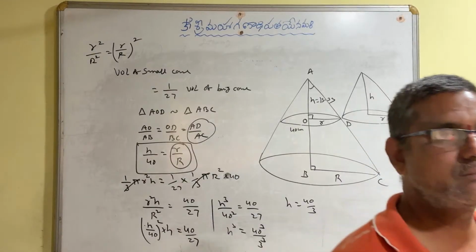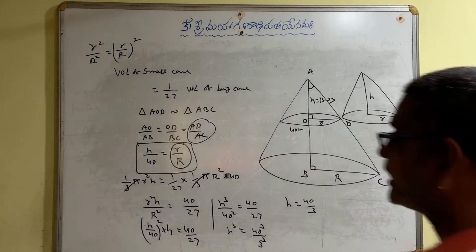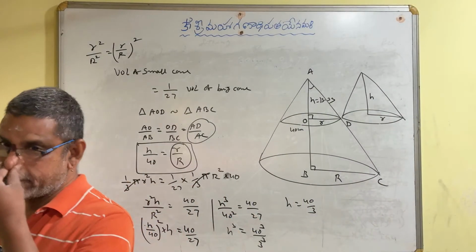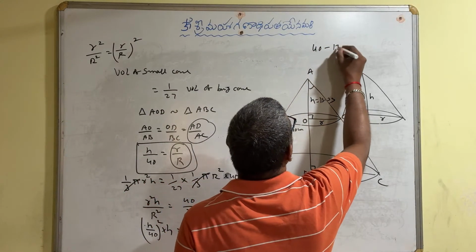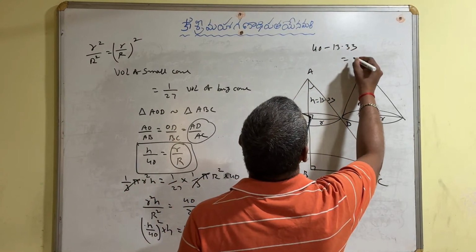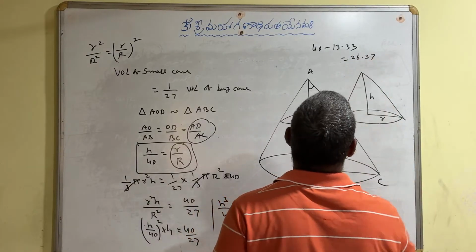So the section was made at 13.33 centimeters from the top, and he is asking from the bottom. 40 minus 13.33 is 26.67.